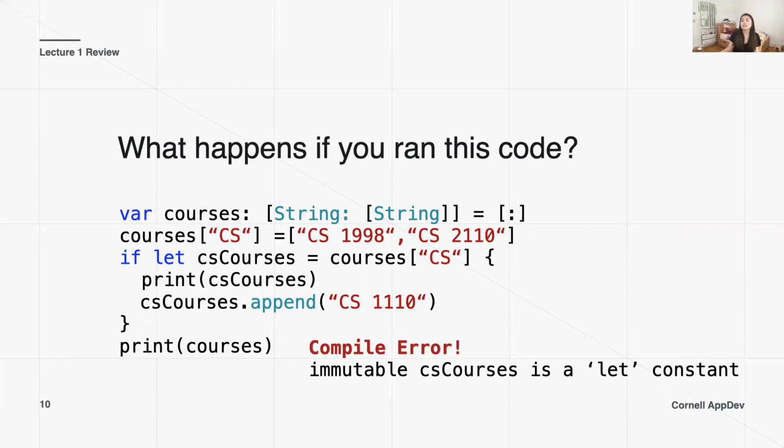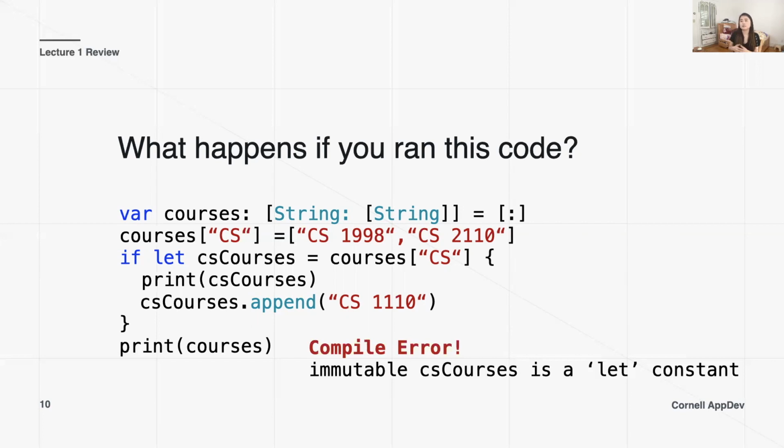The reason this error is coming up is because in your third line you're saying if let csCourses is equal to courses[cs], then csCourses.append a certain value. Because of the let constant, csCourses is actually immutable, so you cannot add anything to it.